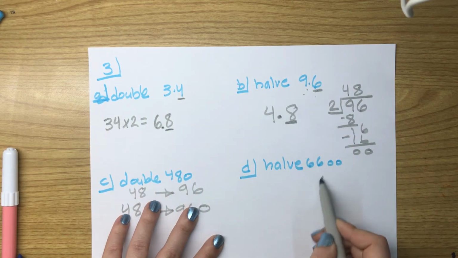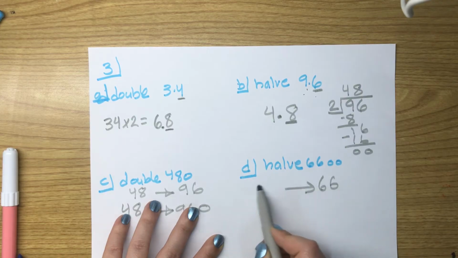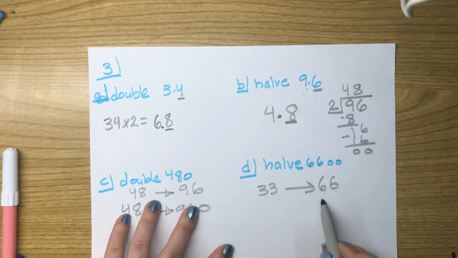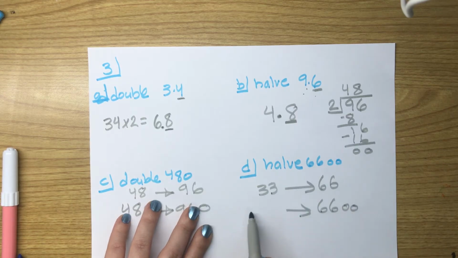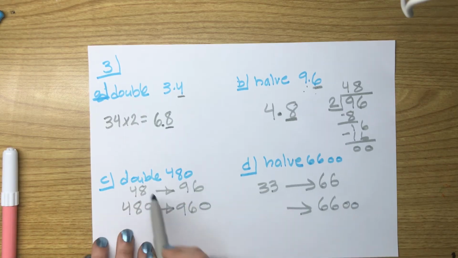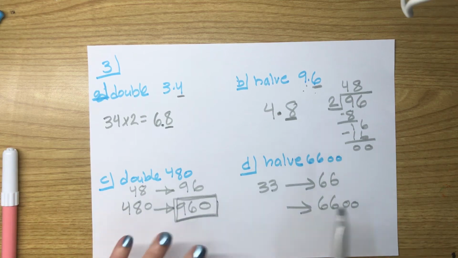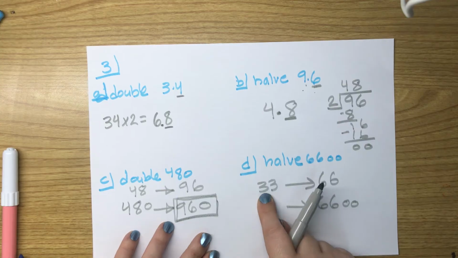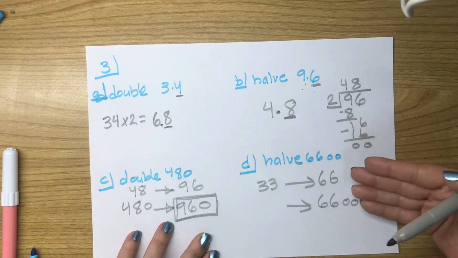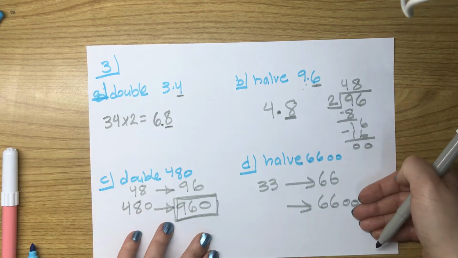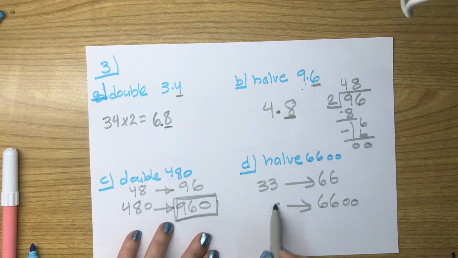This is the opposite way. 66, what is half of it? It is 33. Then 6,600 comes from doubling what? Here, the double of 33 is 66, but they want us to go the opposite way by having 6,600, which definitely is going to be 33 with 2 zeros.